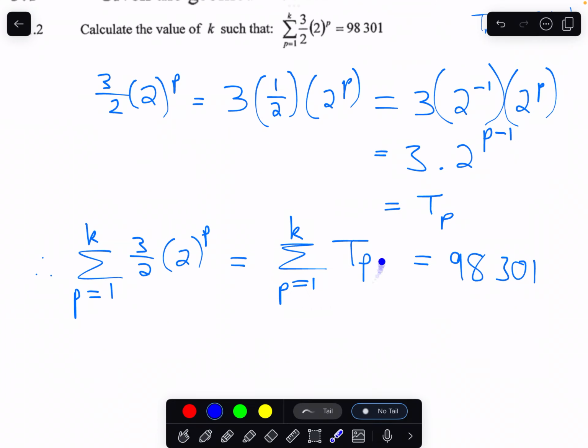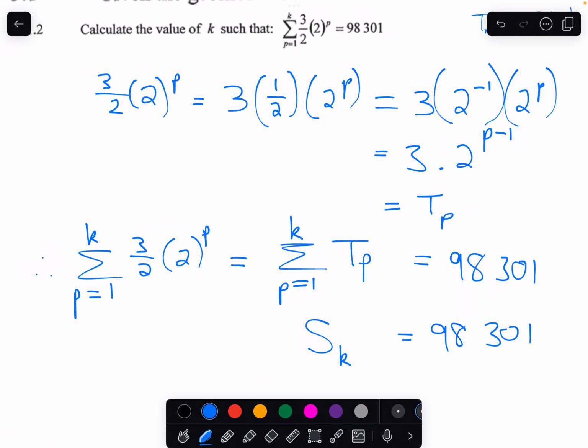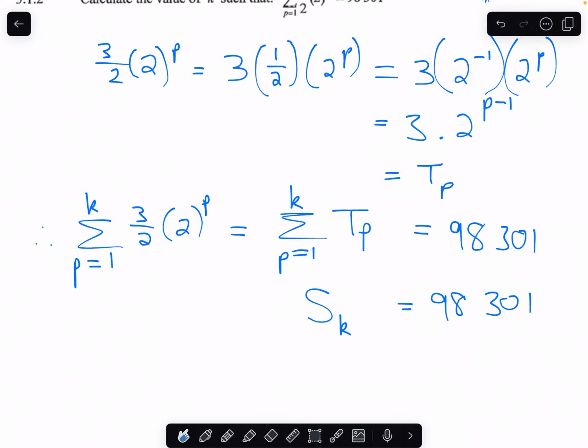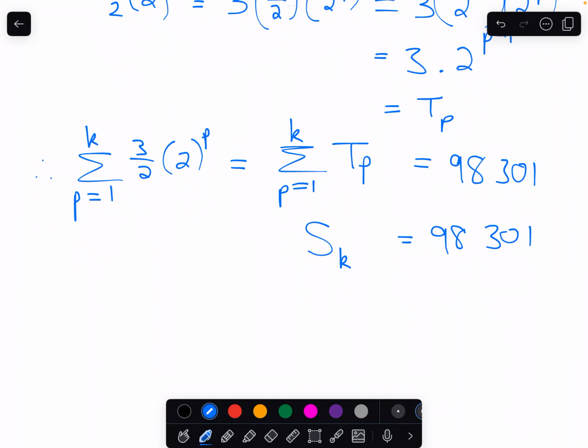And we know that this is pretty much just the series, right? The sum of the first k terms of this sequence. So we want to figure out how many terms we need to add together in order to get this. And we know that the geometric series is given by a times r to the n minus 1 divided by r minus 1.